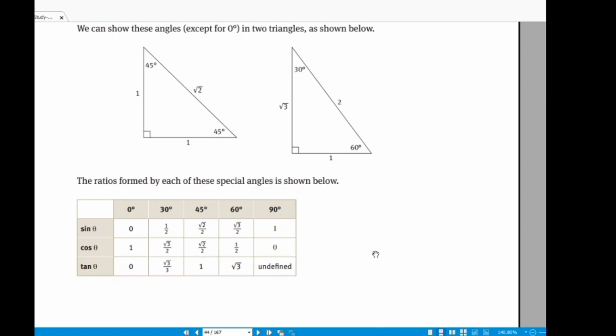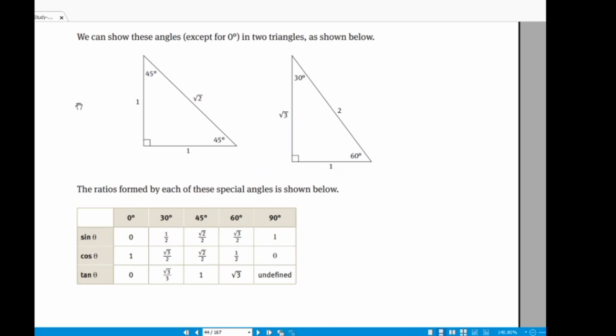Okay, and they are summarized in this table here. So it is important that you know these two triangles. If you are able to memorize them, memorize, right?